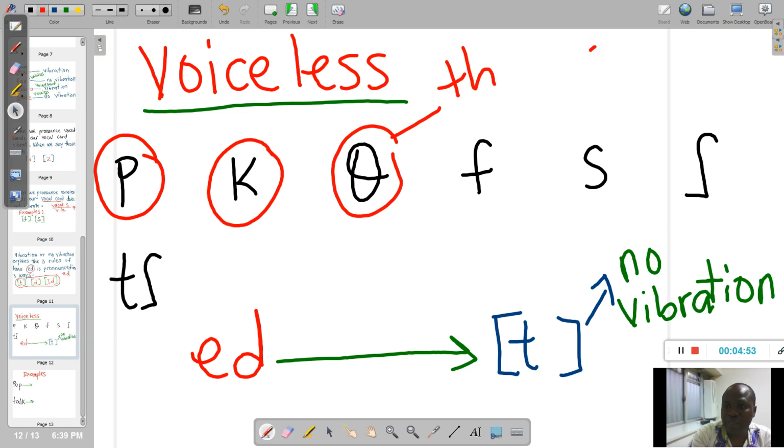This one is made by shooting out your tongue and blowing air, and the other one is the same, but this time you make a sound. Now we are looking at the one without the sound, the voiceless one. It sounds like F, but the position of the mouth and tongue is different. F is made with the lips, and this one is made with the tongue and the teeth together.